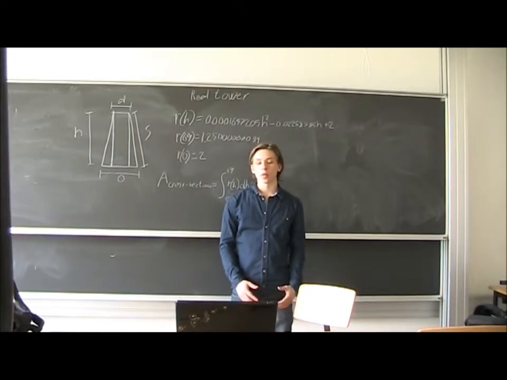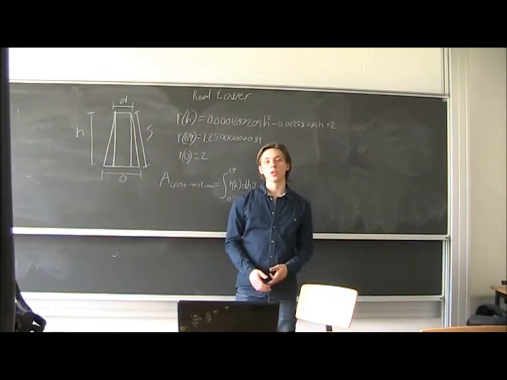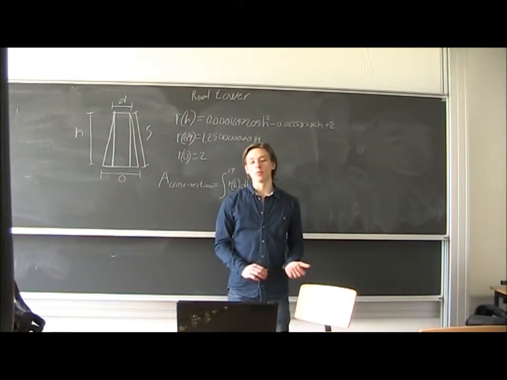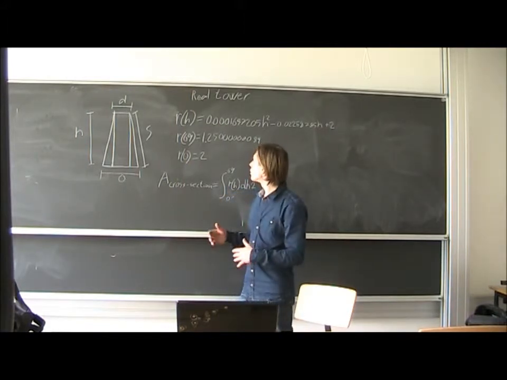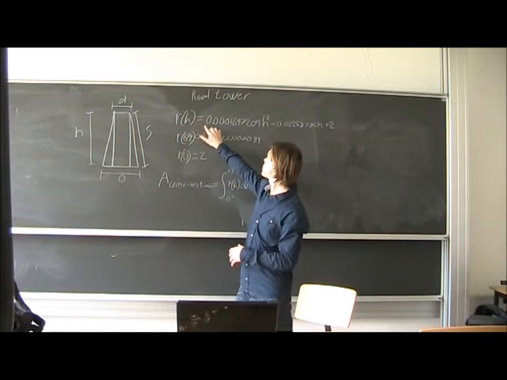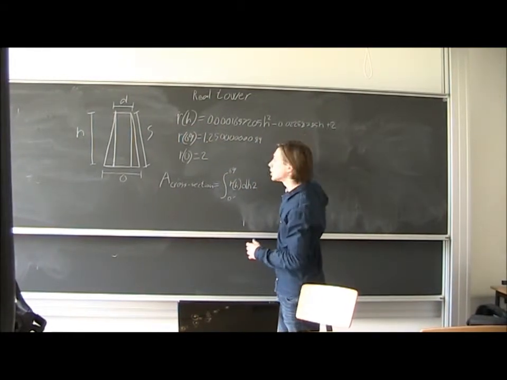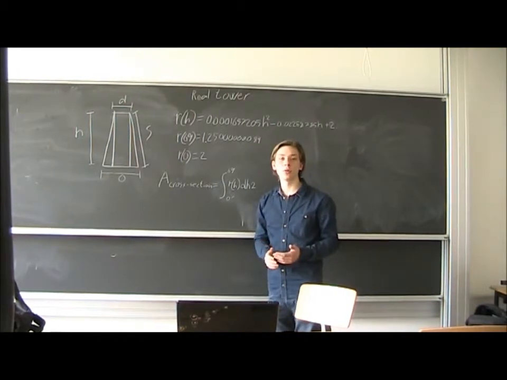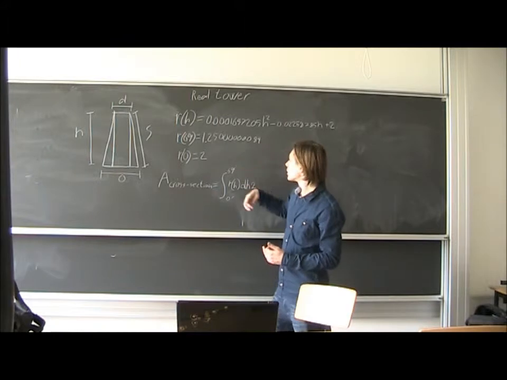Now we got information that the tower we used in the first assignment wasn't the real tower. Now we have another tower which has the function r(h) equals a lot of numbers, which is in our main document too.